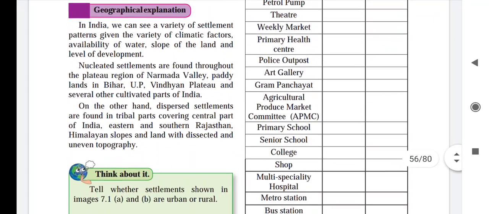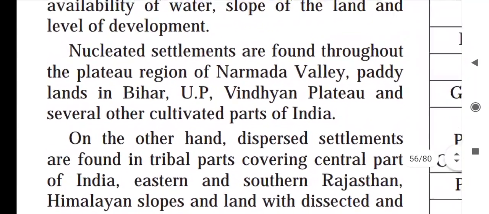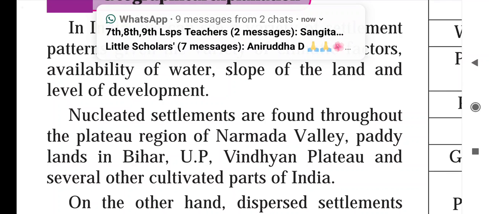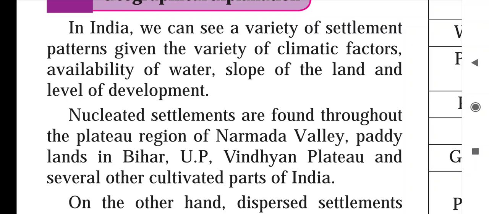Now we will study the geographical explanation. In India, we can see a variety of settlement patterns given the variety of climatic factors, availability of water, slope of land and level of development. So here it is said that in our India we can find both settlement patterns, nucleated and dispersed settlement.